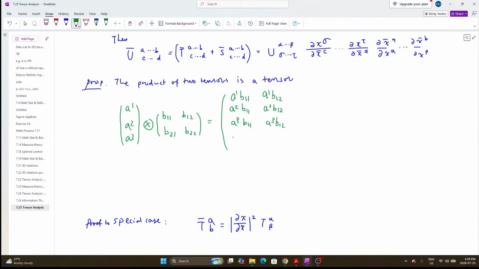Then a1 b21, a2 b21, a3 b21. You already know what the rest should be: a1 b22, a2 b22, a3 b22. This is what it looks like.